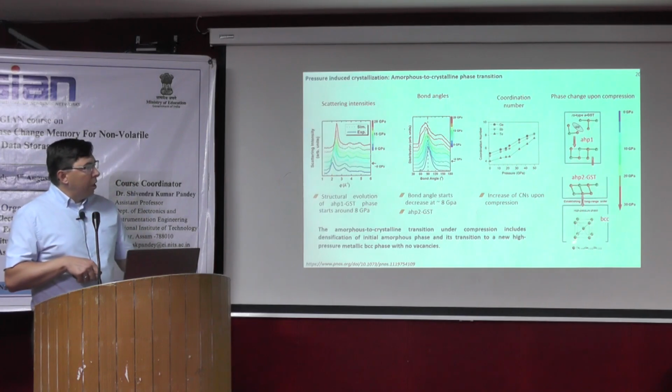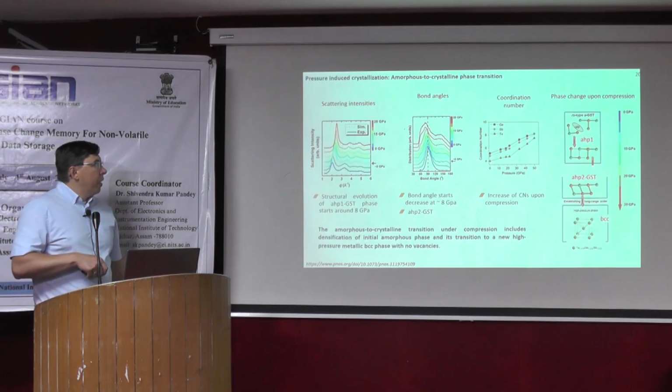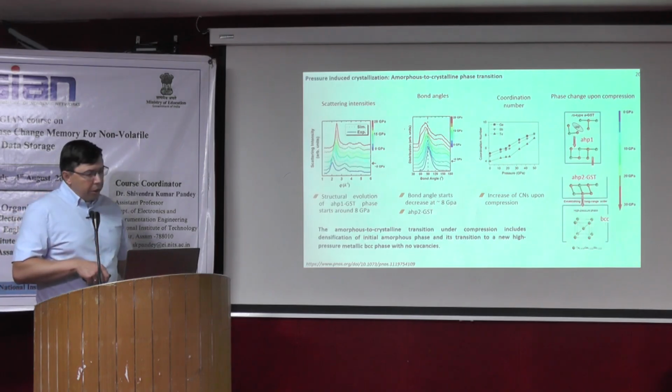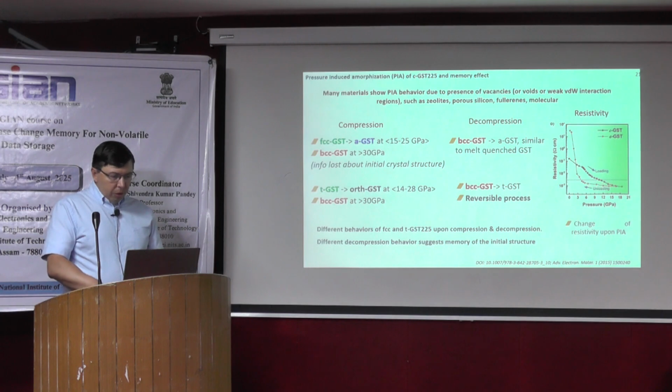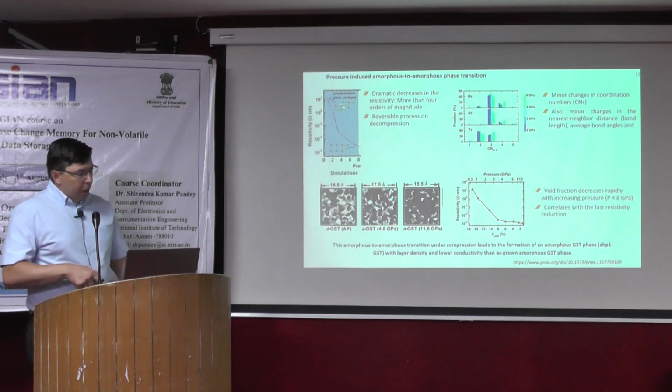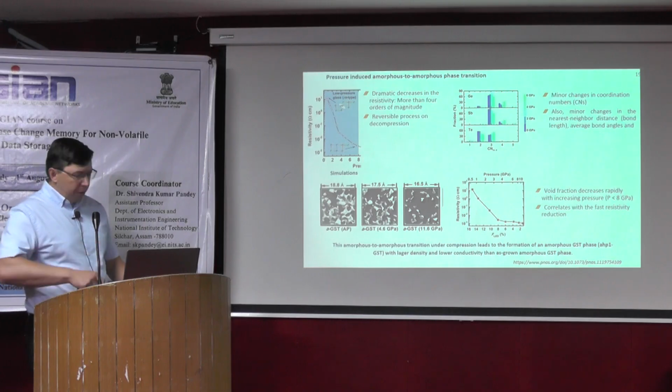This is also a highly disordered phase, and all elements like aluminum, germanium, and antimony are located on each site. And there are no vacancies in this phase. So this transition is reversible from one phase to another.